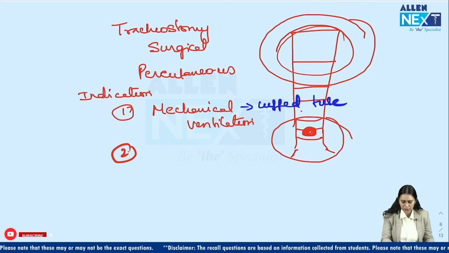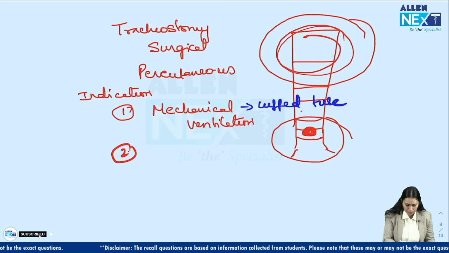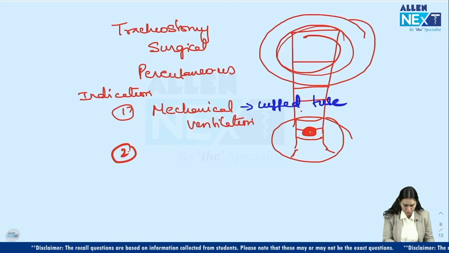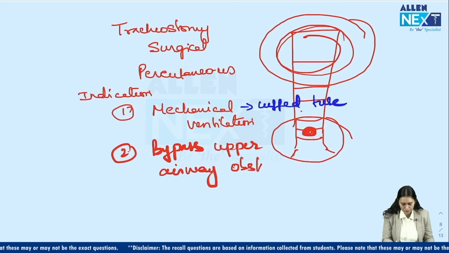If there is obstruction in the upper airway, like a mass or a tumor, or maxillofacial trauma, we make an opening in the trachea for ventilation. So the second indication is to bypass upper airway obstruction.